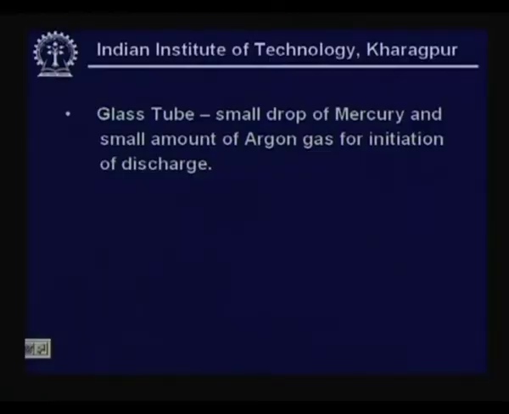So, you have a glass tube with a small drop of mercury and small amount of argon. Again, why argon? Argon is necessary to vaporize your mercury to initiate the arc, because it still is an arc lamp or a discharge lamp.